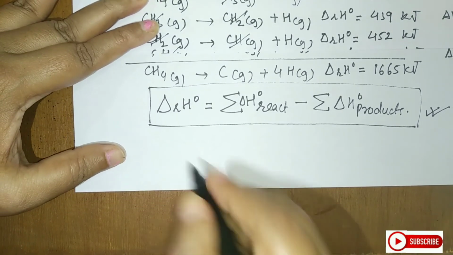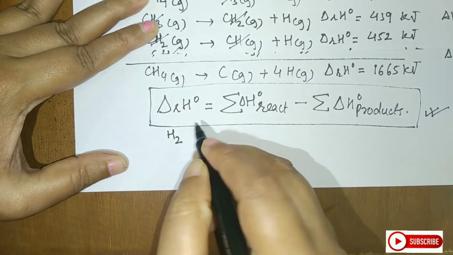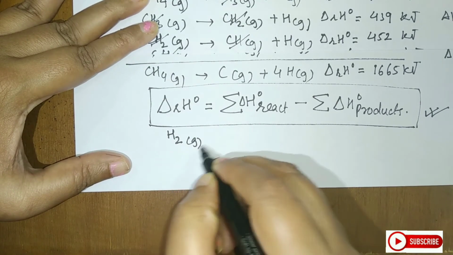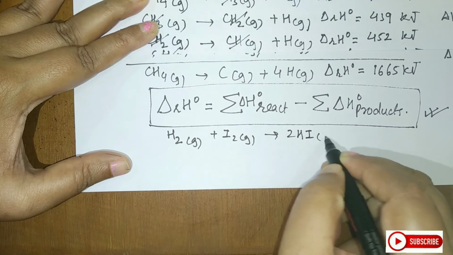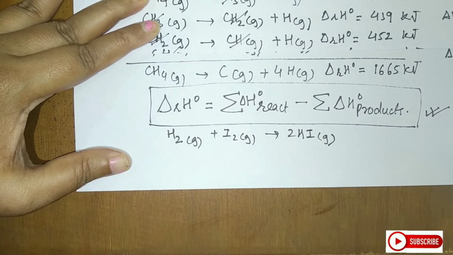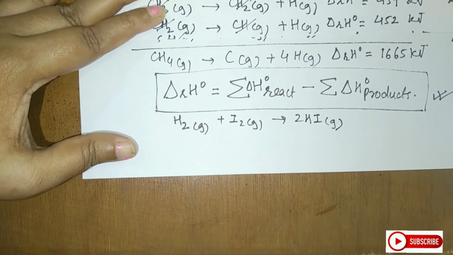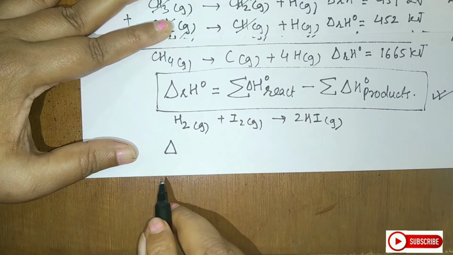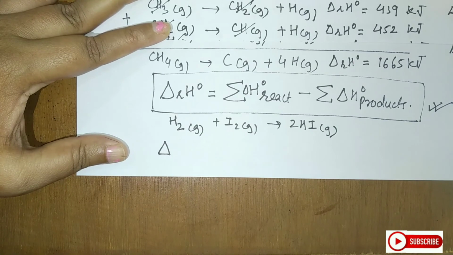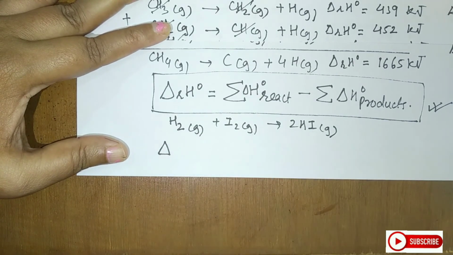So let us take one example. Here I have taken hydrogen plus iodine, that is I2, giving 2HI. The equation is in its gaseous state. Then how you will calculate the total enthalpy change for the reaction? Before going for this, you must take care that you have to balance the equation. Here the equation is balanced.